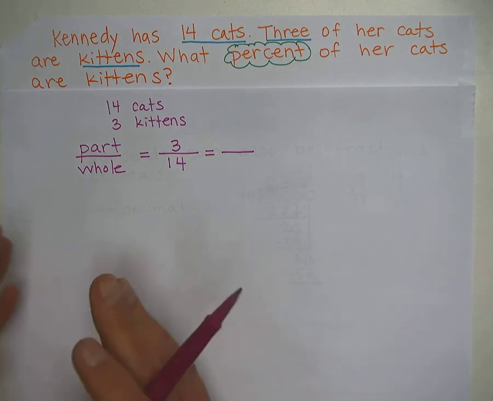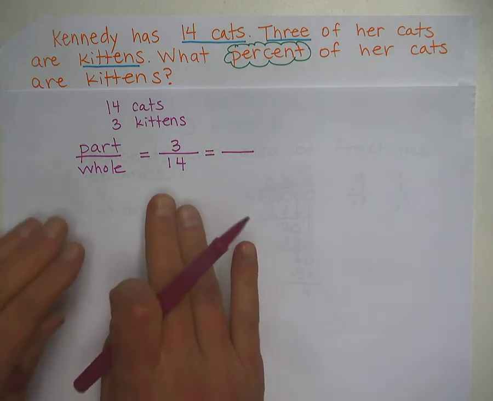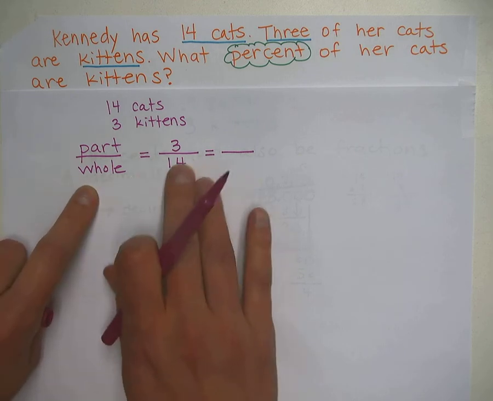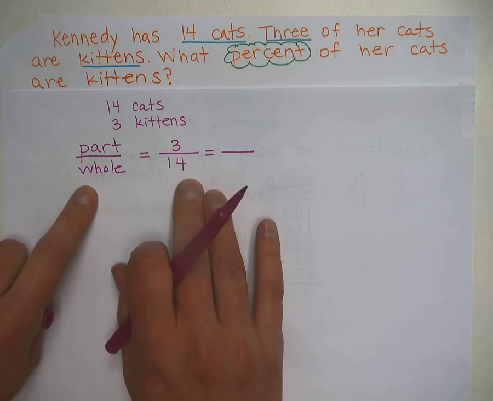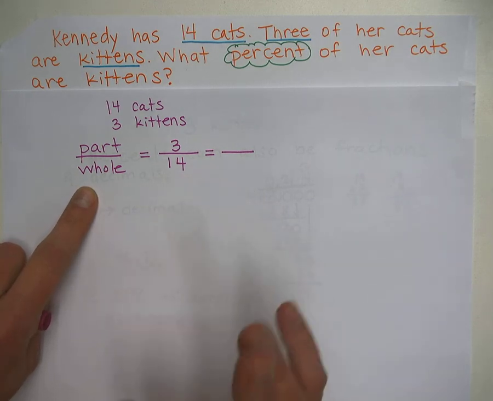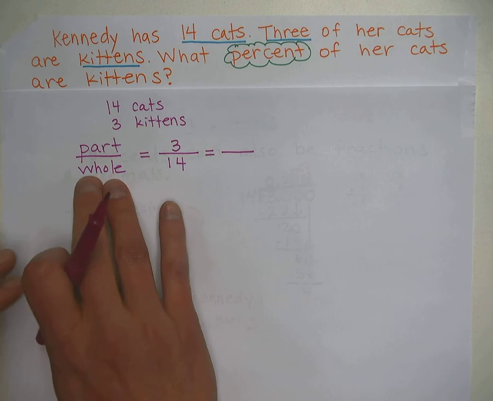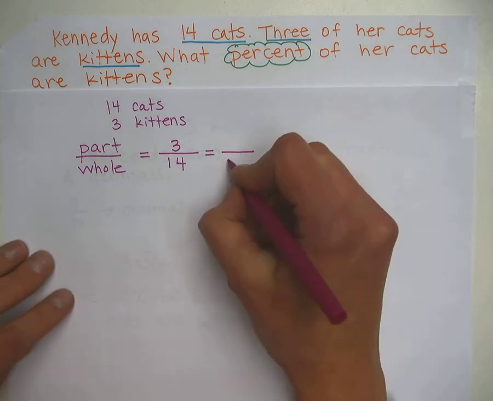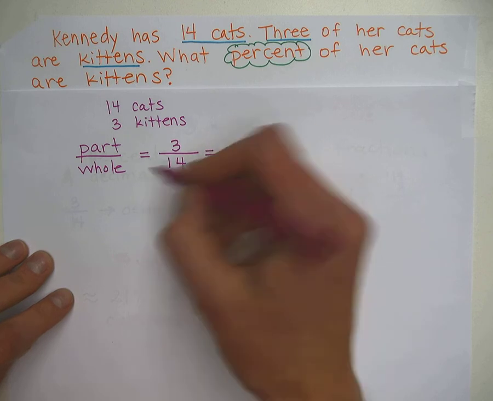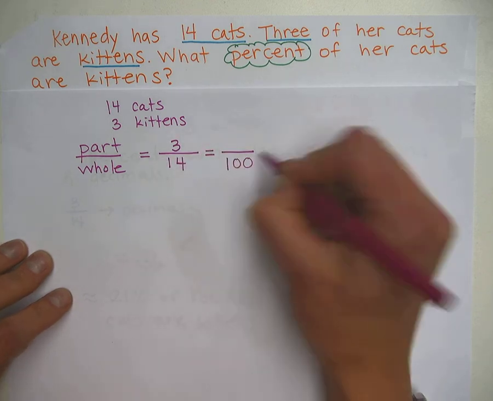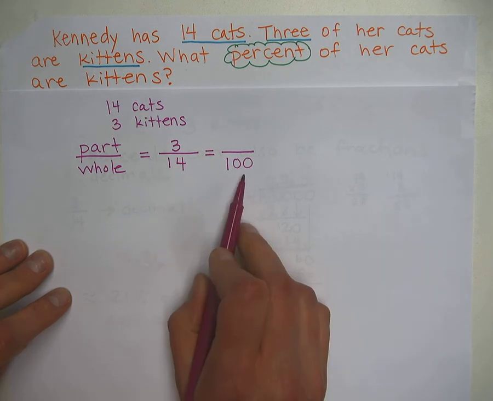If the part is 3 and the whole is 14, 14 represents all of her cats, which can also be said as 100% of her cats. So the whole is 100%. One whole is 100%. And one whole in this case is 14 cats. So I can say that 14 cats is equal to 100%.